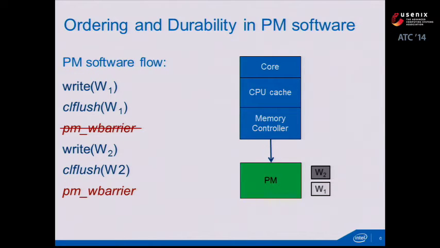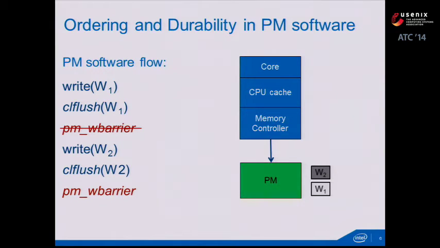And to make matters worse, even if the software actually misses or misplaces a CL flush or a PM write barrier instruction, it might not necessarily show up as a problem immediately, because, as I mentioned, the reordering and the evictions are done by the hardware, and we might have just ended up with one possible ordering where things just worked fine.